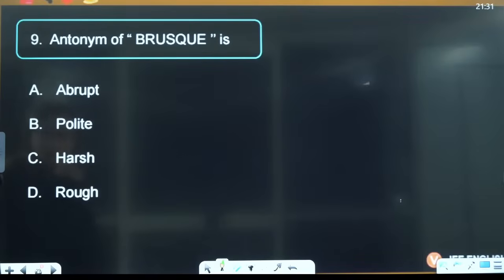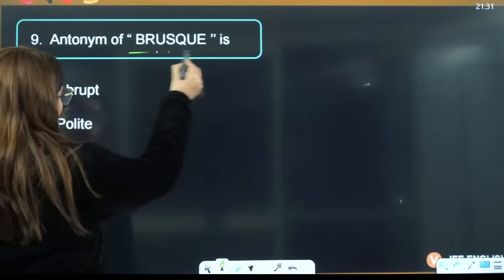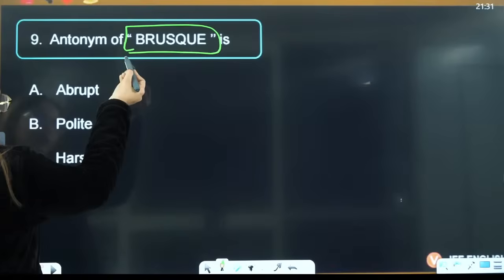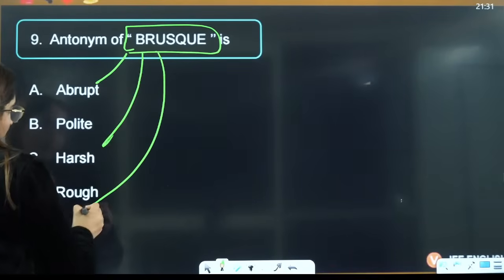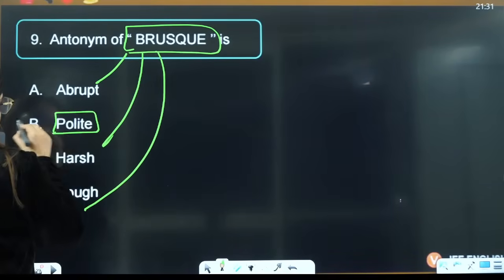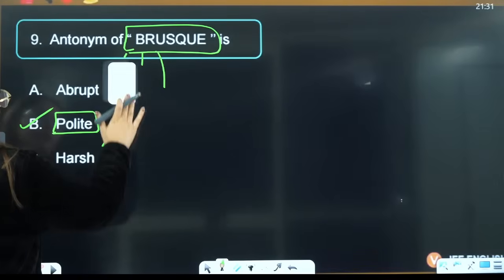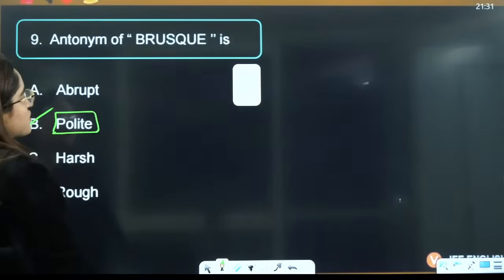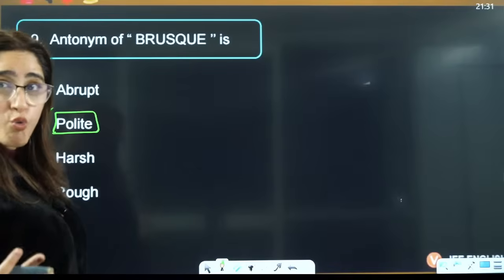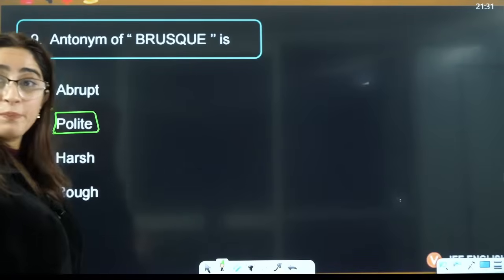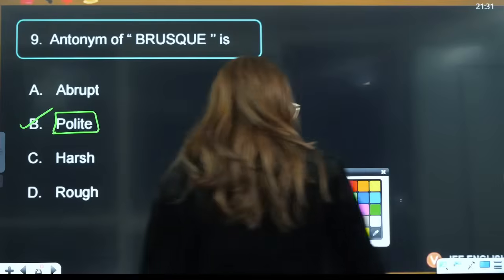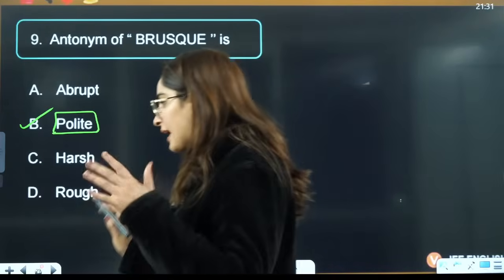Harsh means rough. Abrupt and harsh are kind of the same thing, so brusque also means the same thing, because they all mean the same. So its antonym will be polite. Brusque means someone who is very harsh, very rude, very abrupt, and the opposite of that is the antonym, that is B.